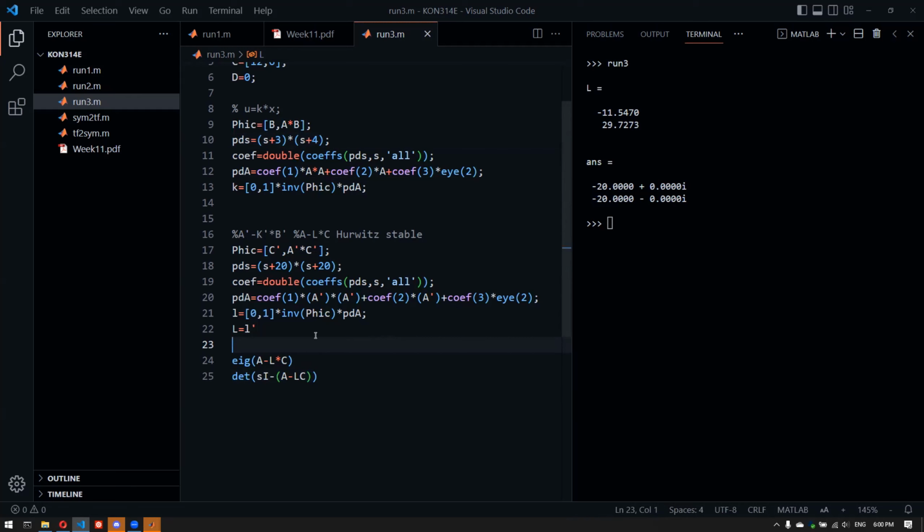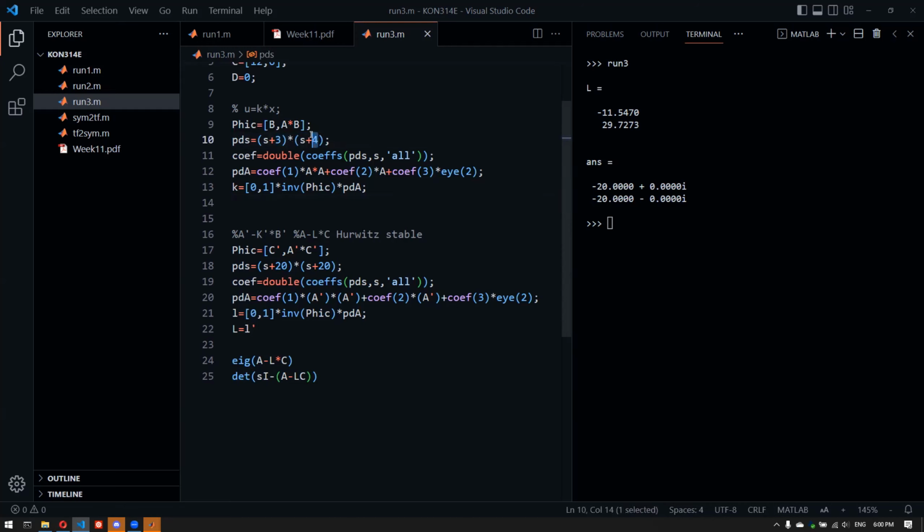So it is always a rule of thumb to design the observer with faster dynamics than the control loop. So you should look at the control loop, the desired polynomial of the state feedback controller here, and maybe 5 times, maybe 10 times further is a good thing to assign the poles at.